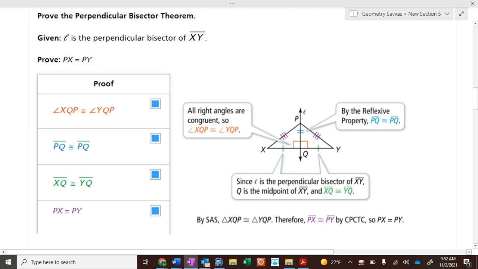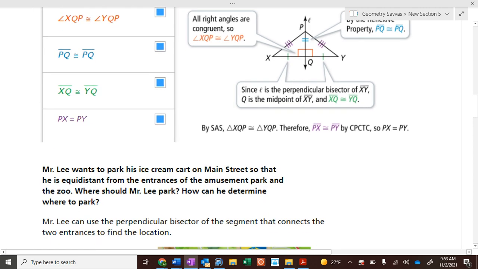Then by CPCTC, PX is congruent to PY. So that proves that any point on the perpendicular bisector is going to be the same distance away from the endpoints.